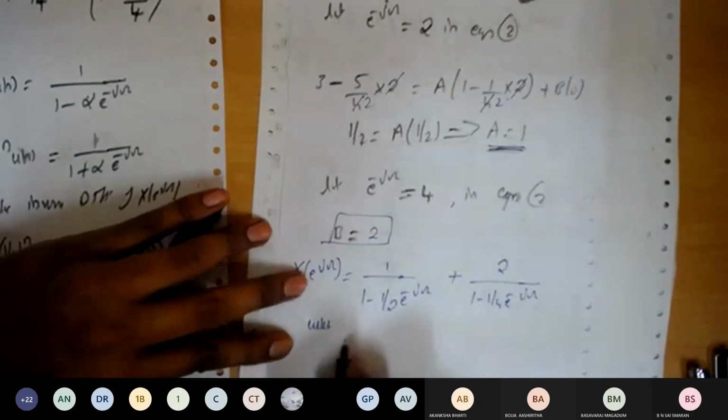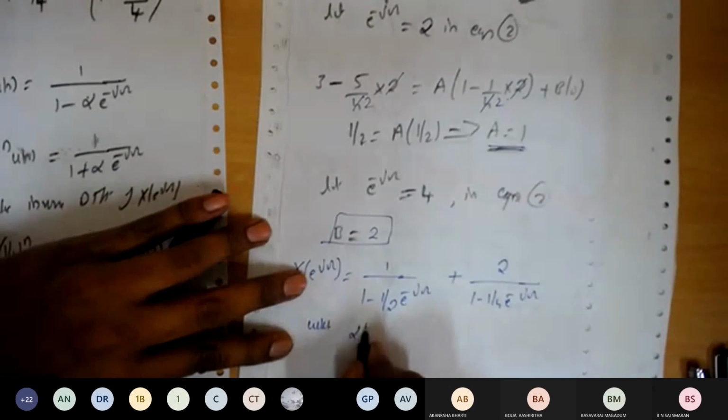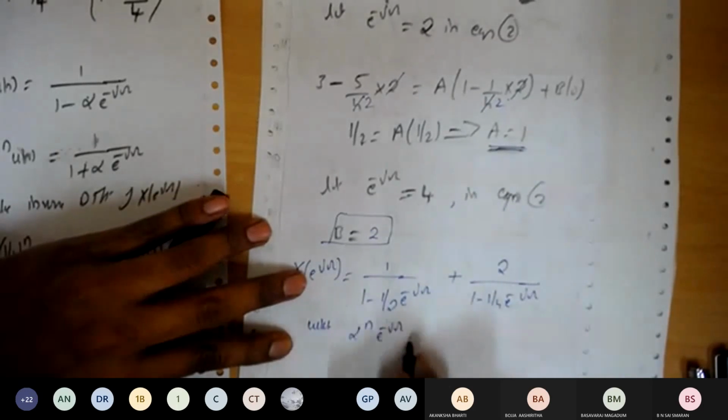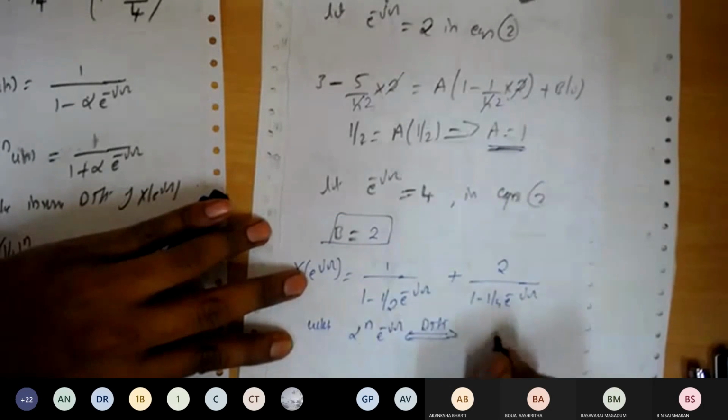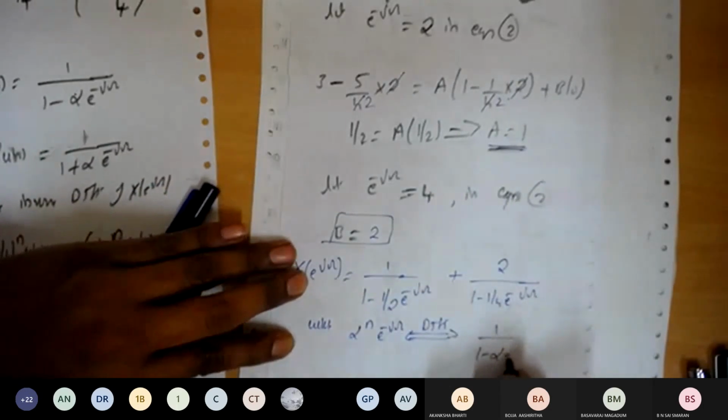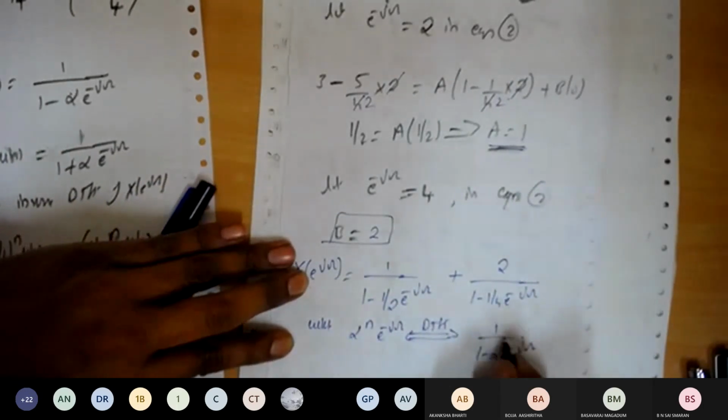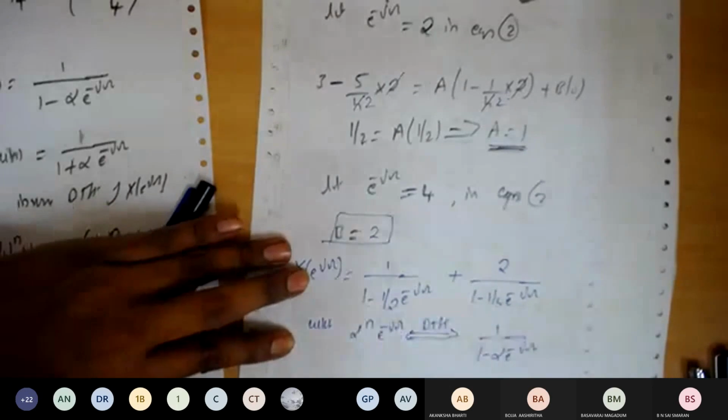Now we know the DTFT of alpha to the power of n into u of n is 1 divided by 1 minus alpha into e to the power of minus j omega. So let us take the inverse DTFT by using this.